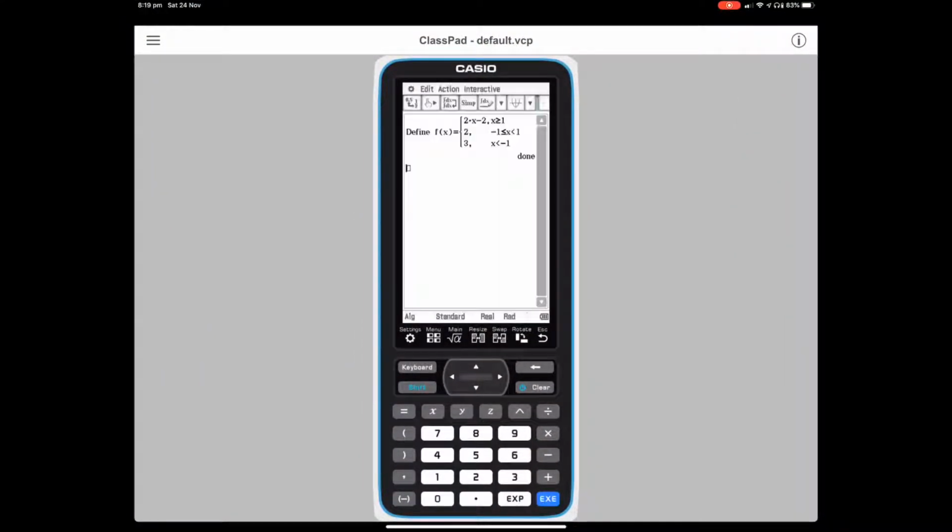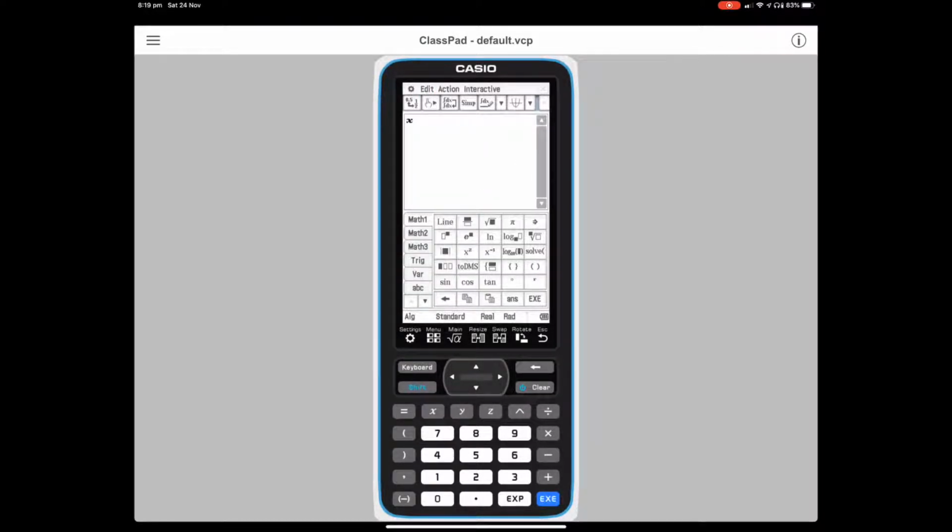So if we go define x squared plus 7, define, then if we click on this drop down and then go into J for judge, and then we say, does f of negative x equal f of x? True. So that means that that's even.